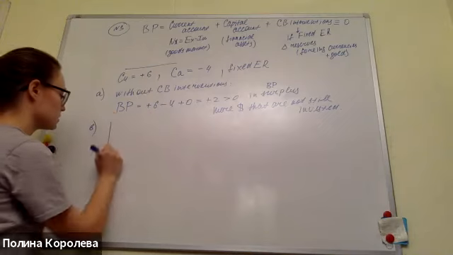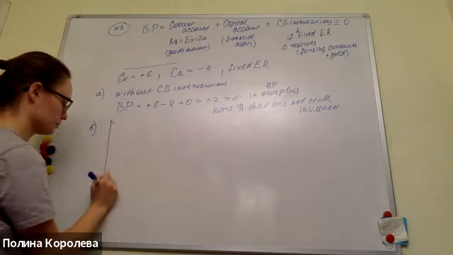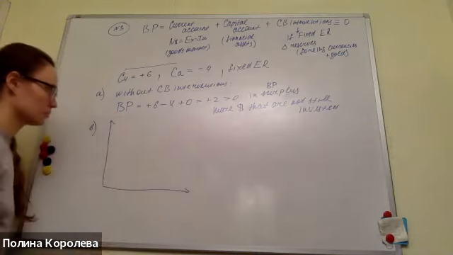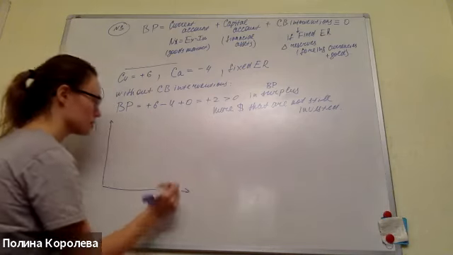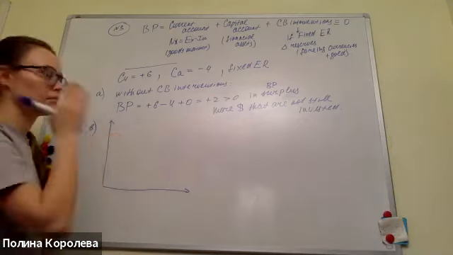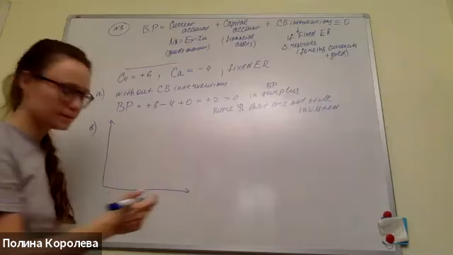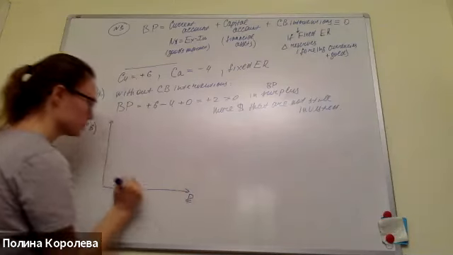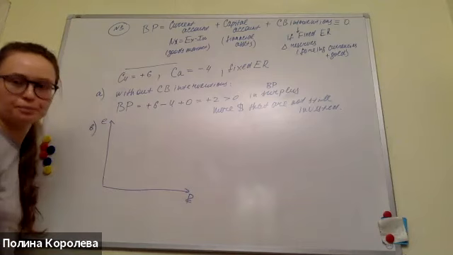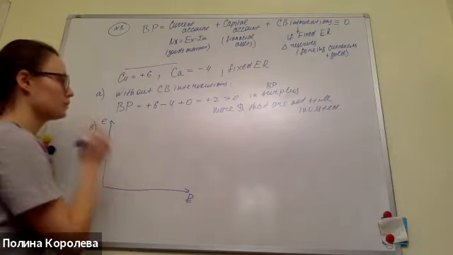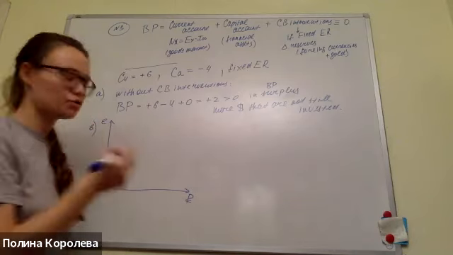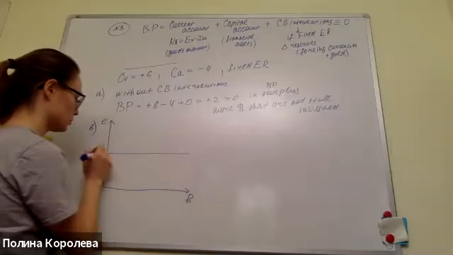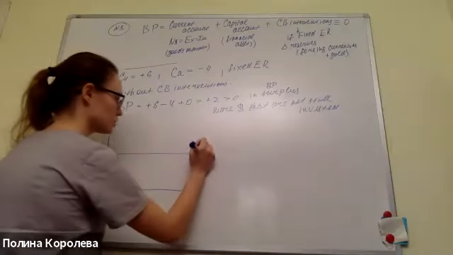So let us draw this situation. Here is the market for rubles, the amount of rubles in the economy, and the exchange rate of the ruble. We have a fixed exchange rate. Let's fix it here.